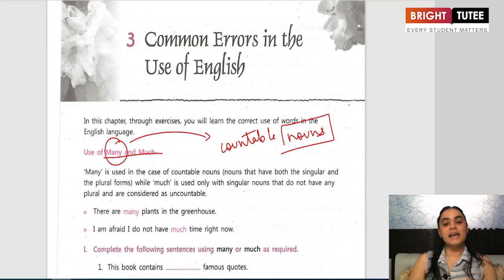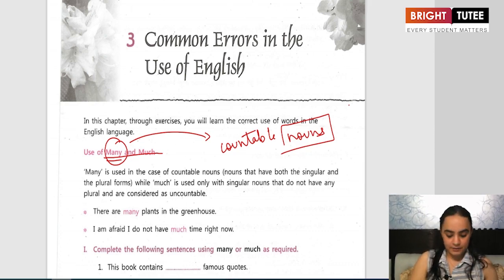Those nouns that can be counted, that have both singular as well as plurals, we use many before. For example, plant, the plural is plants, so we say many plants. Book, books, many books. Pen, pens, many pens, and so on and so forth.